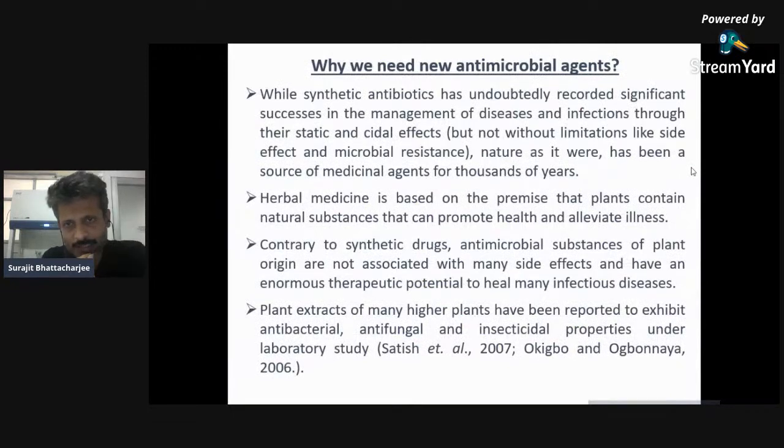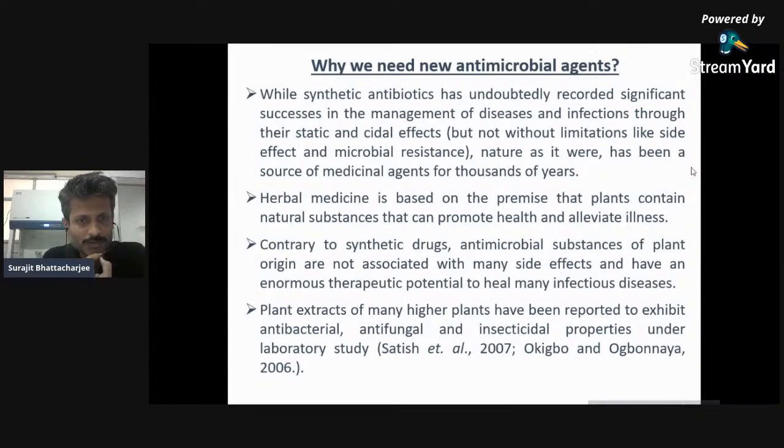So why do we need antimicrobial agents? Starting from the development of the first antibiotic, penicillin, developed by Alexander Fleming in 1928, hundreds of new antibiotics have evolved, but due to inappropriate use, coupled with the shortage of newer types of antibiotics, a large number of antibiotic resistance phenomena have developed.